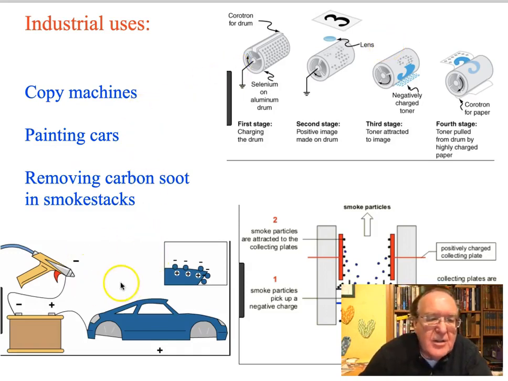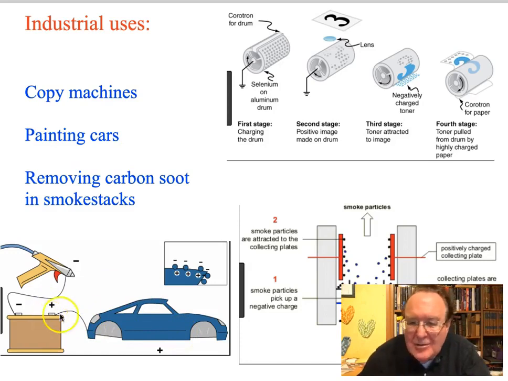Another one I find interesting is painting cars. In the lower left-hand corner, you have a car. It's metal, and you attach the positive terminal of a car battery to the car, so the car becomes positively charged, and then you attach the negative end of the 12-volt car battery to the paint nozzle.